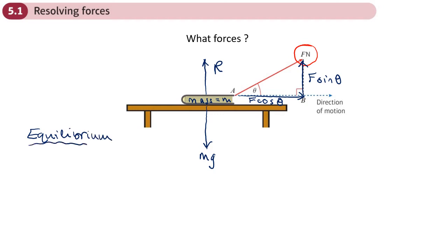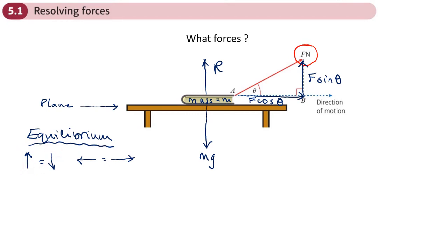That means that any upward forces equal any downward forces, any forces to the left equal any forces to the right, or parallel and perpendicular forces. So this flat area here we call the plane. So let's look at the forces which are perpendicular to the plane, the flat surface that it's lying on.